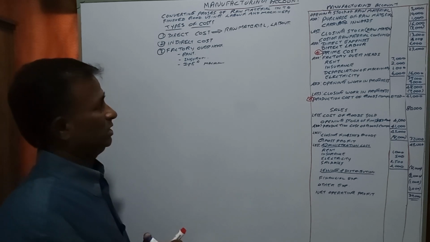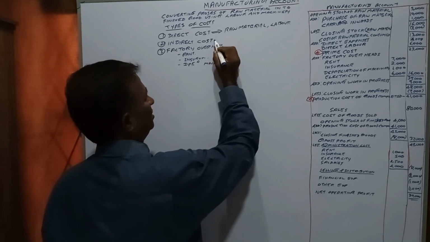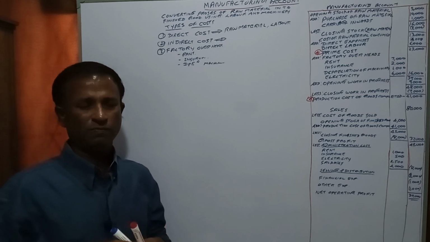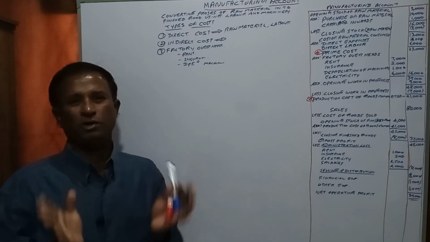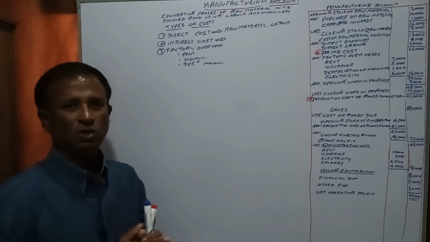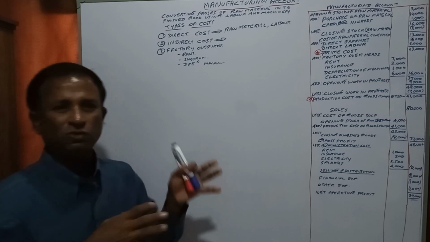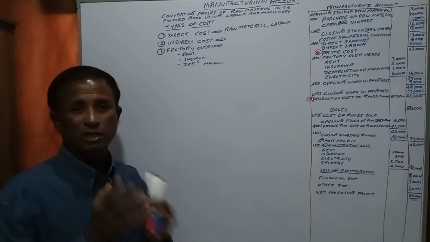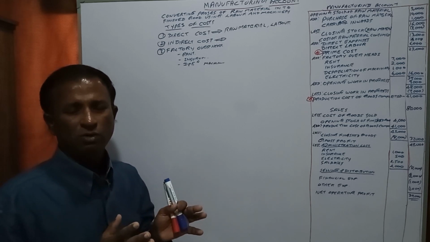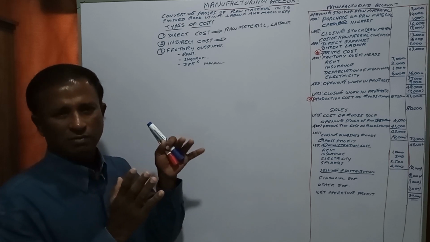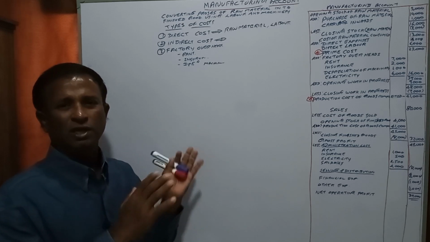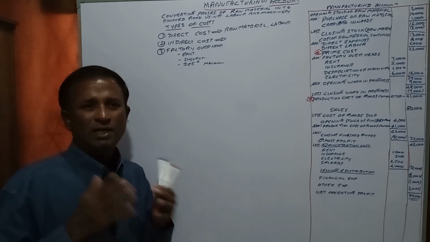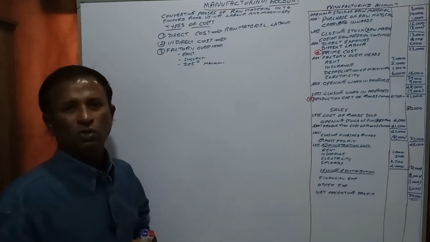Indirect costs. How do we say indirect cost? After doing the production, you are converting the raw materials into a 100% completed product. Now after completion, can you keep quiet and wait until other people come and ask you?